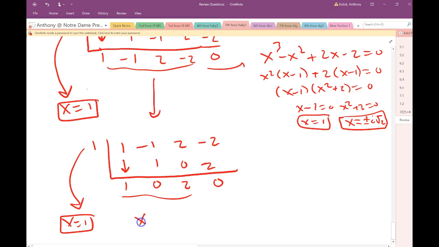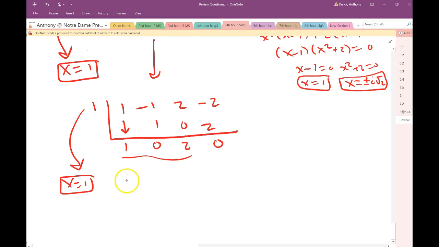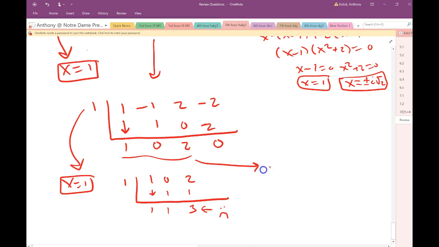And this part tells me what I need to divide next. So maybe I try this one more time. So what that tells me is that x equals 1 was used only once. So there must be some other way to solve this piece. And it's just a quadratic.